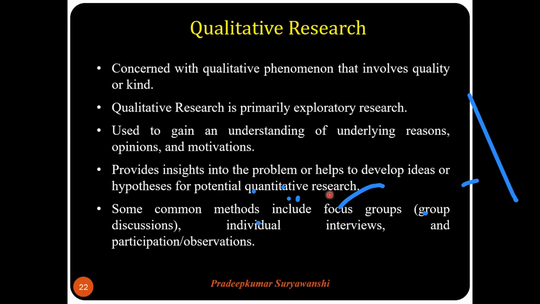Some common methods include focus groups, group discussion, individual interviews, and participation or behavior. For example, in your placements, you might go through group discussions where some idea is given to you, and different groups contemplate on it. Generally, observers see the trend of that discussion and in what direction it is going. That is a type of qualitative research.